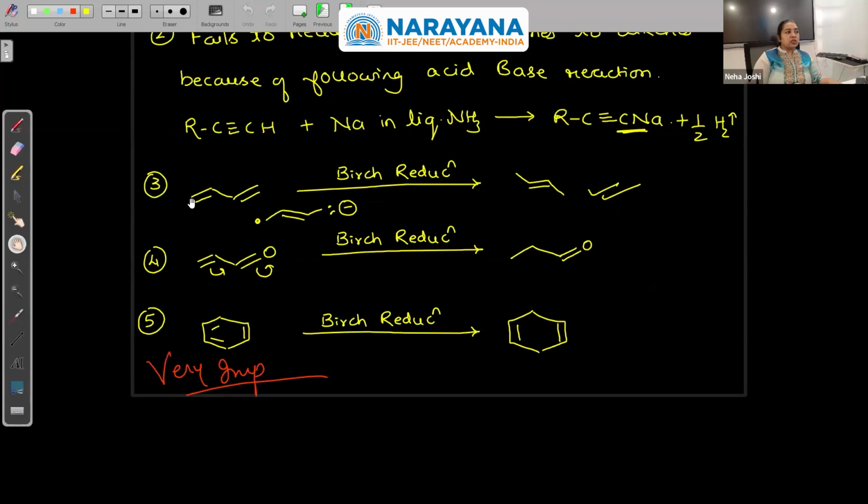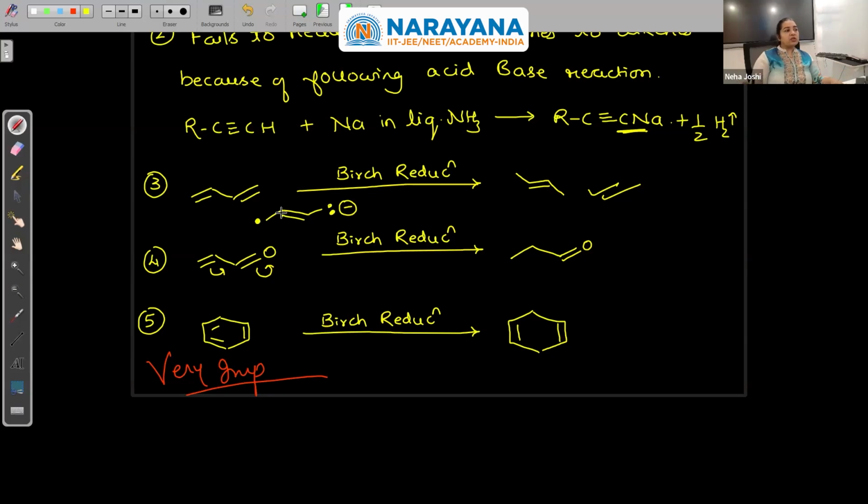In case of conjugated dienes, how does that work? In normal alkenes, I said that the radical anion formed is very close and repulsive. Whereas if it is conjugated, it can have the 1 and 4 positions, like this resonance. Here it is 1 and here it is 4.